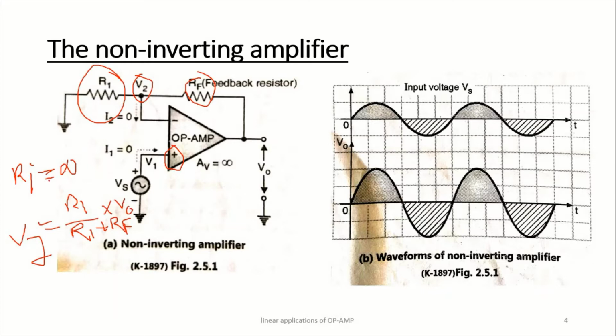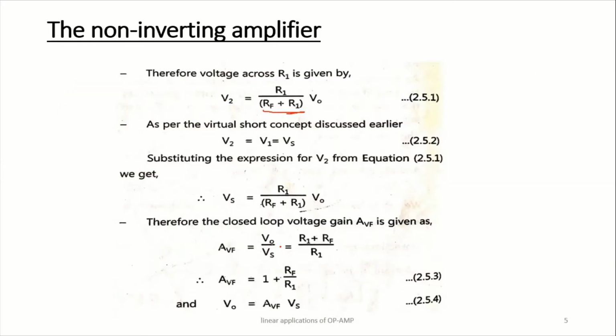Therefore the voltage across R1 is V2, and the equation of V2 is written as R1 divided by R1 plus RF, the summation of the two resistances, into the total output voltage V0. So V2 is equal to R1 upon RF plus R1 into V0.